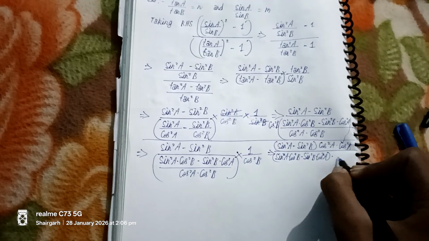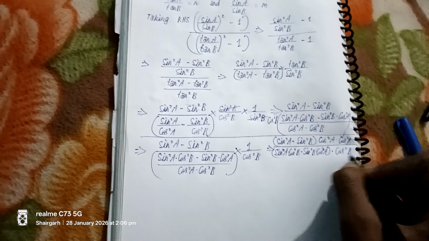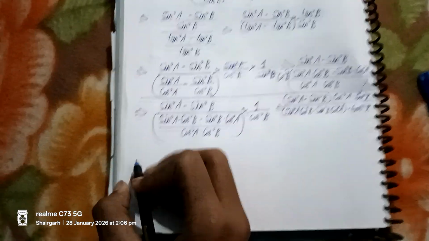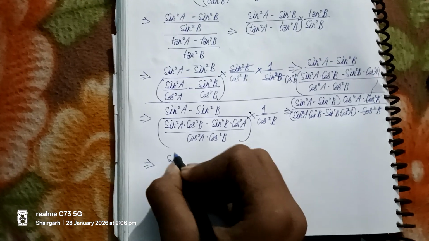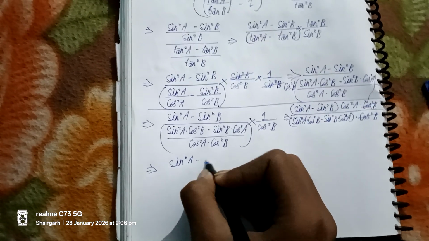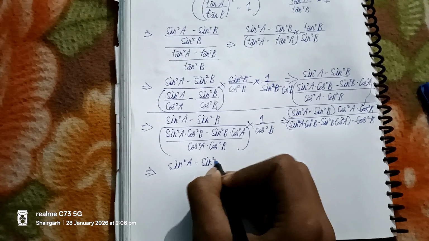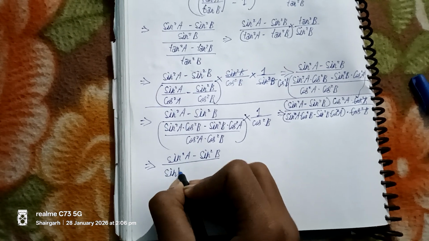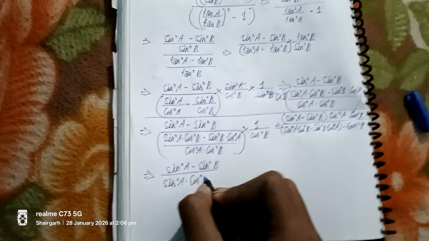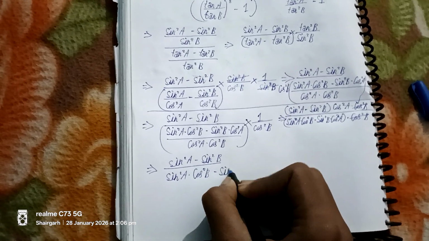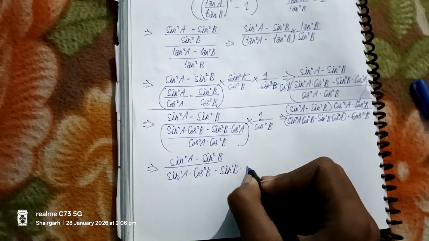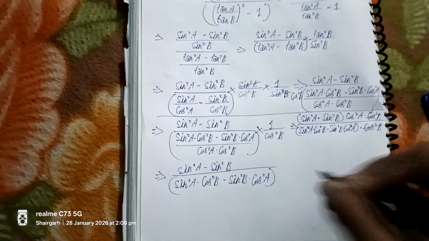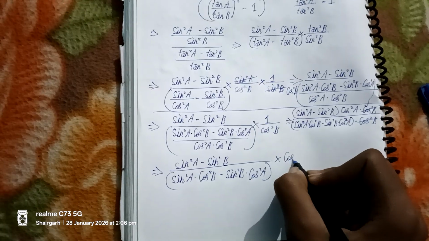Multiplying with cos square B, this cos square B is also cancelled, then we can write here sin square A minus sin square B upon sin square A cos square B minus sin square B cos square A, and multiply with cos square A.